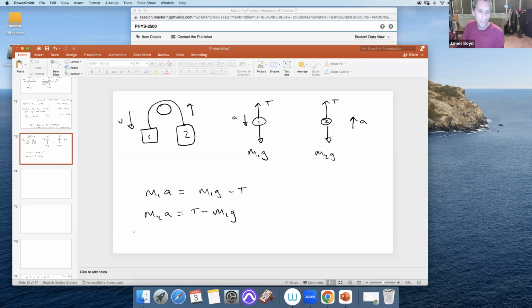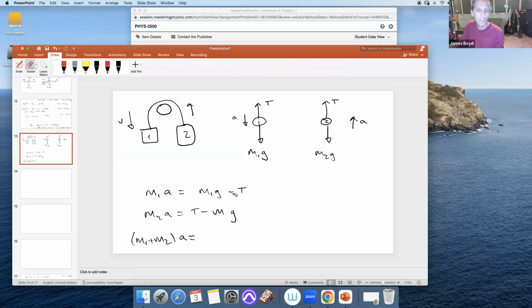The T's cancel, and I get (M1 plus M2)a equals (M1 minus M2)g. I don't actually need to do this; you'll see I need to do something different. But that is the equation of an Atwood machine.